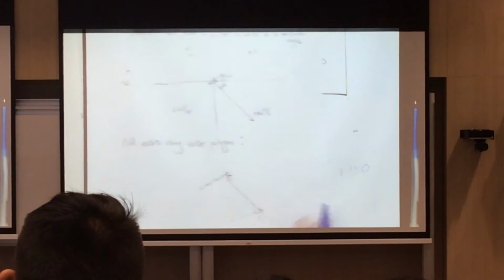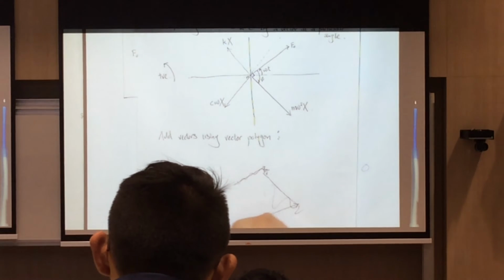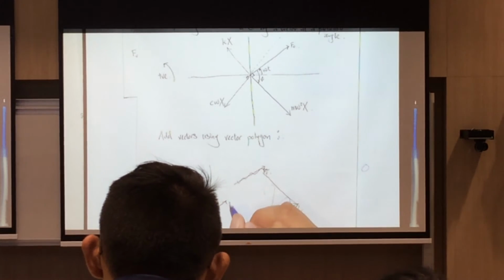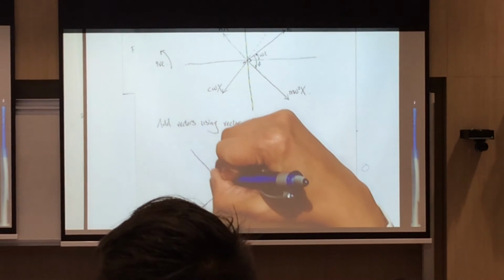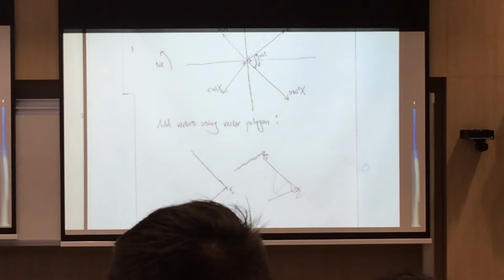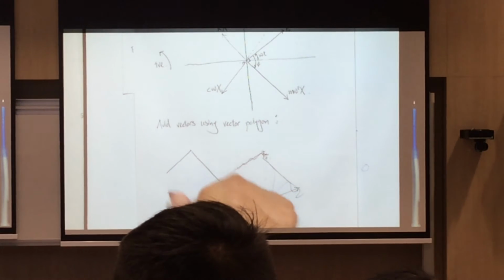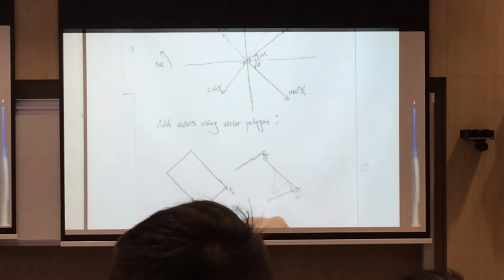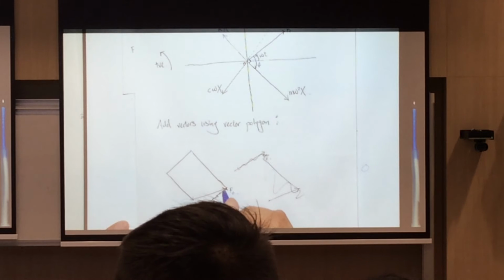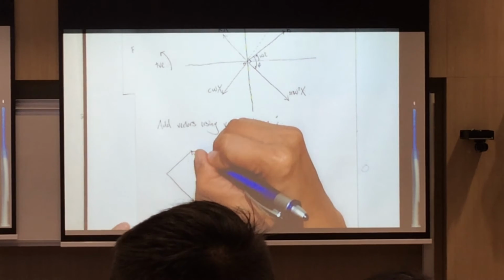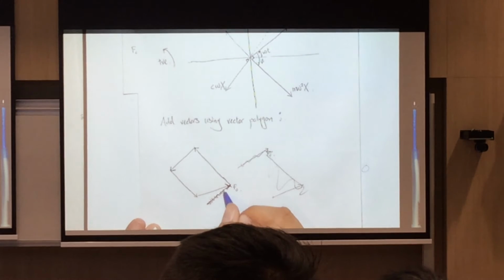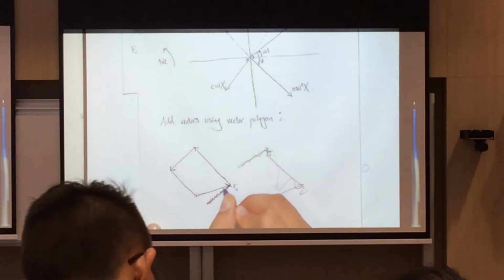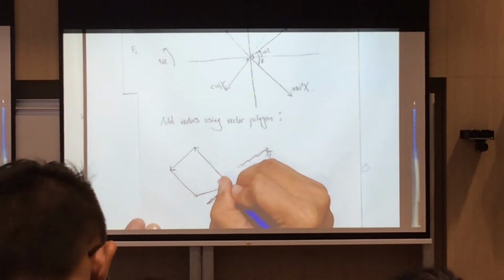Sorry, let's draw this side. If we have F0 here, as a polygon, we draw this line. So this line here is my F0.